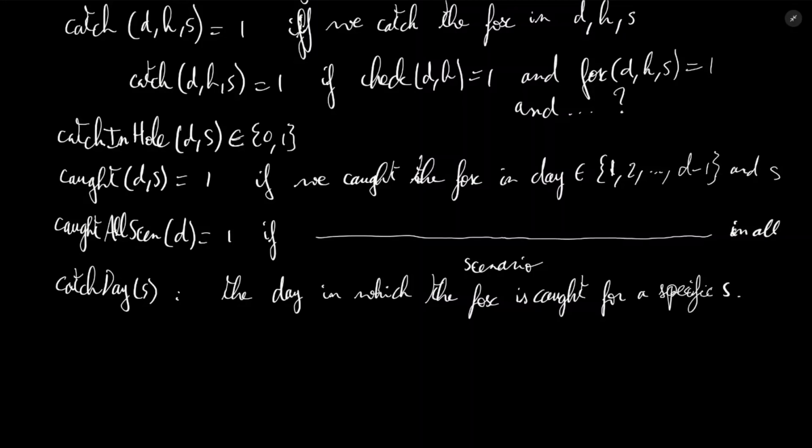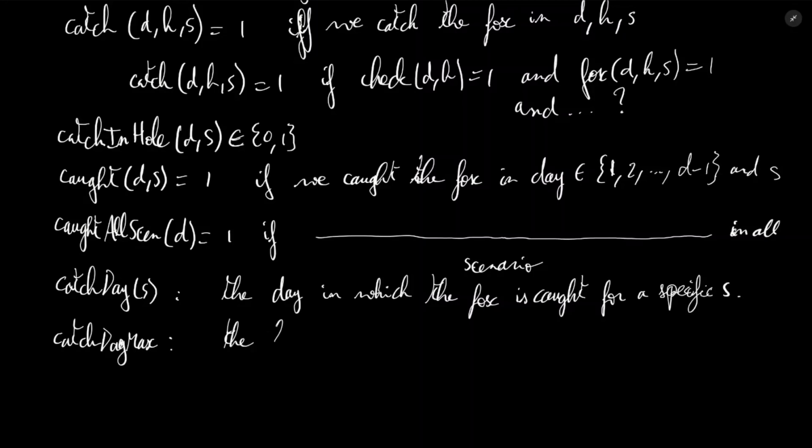And finally, the last variable that we are going to take into account, and this is where finally the problem is starting to make a bit more sense and connect to the problem that we have seen in the previous video, is the catch day max. So what is the catch day max?